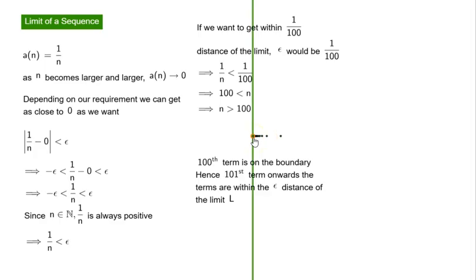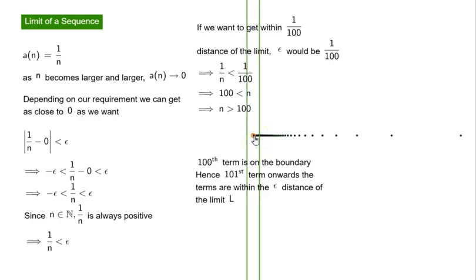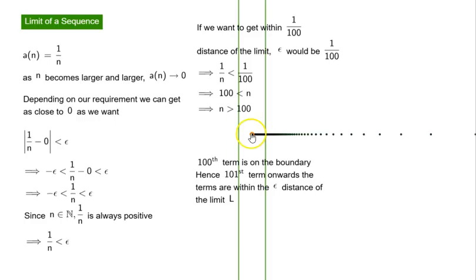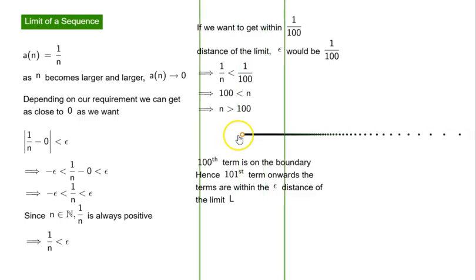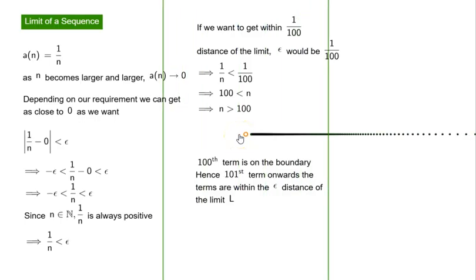The epsilon I have chosen is 0.015. So we want to get within that range of the limit. So limit is 0, because we know a sub n goes to 0. And all the points here are within epsilon, are less than epsilon. Now let me just zoom in so that we can see it clearly.